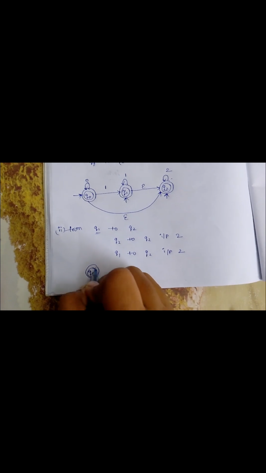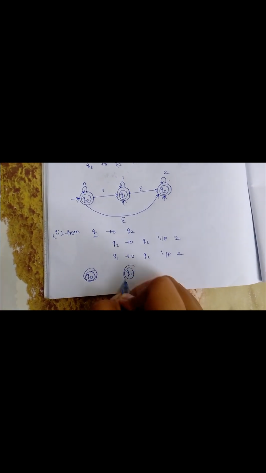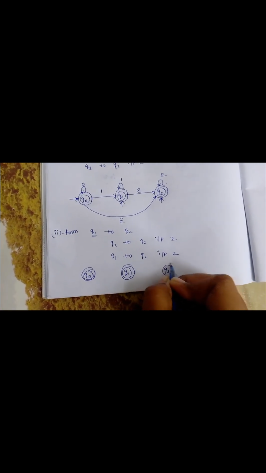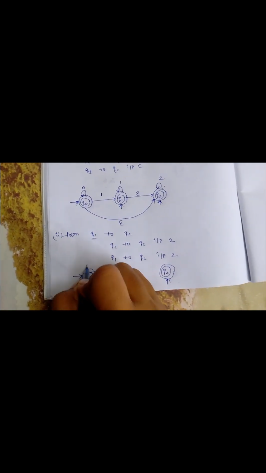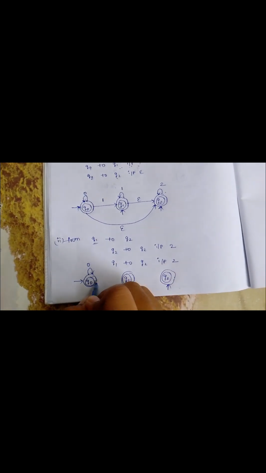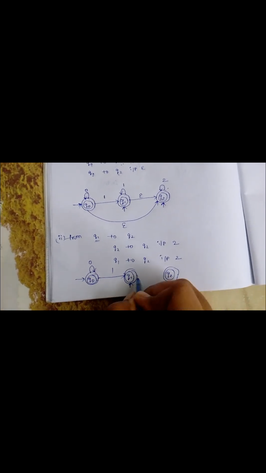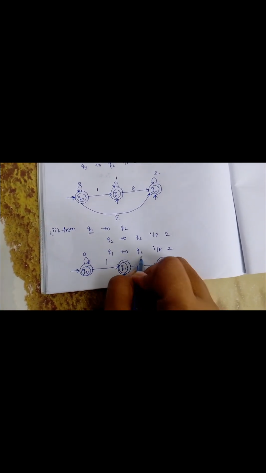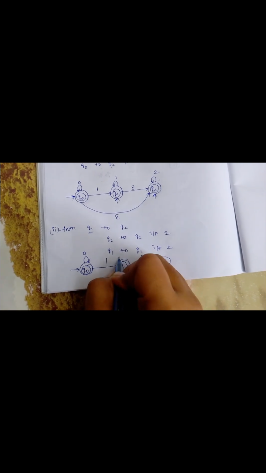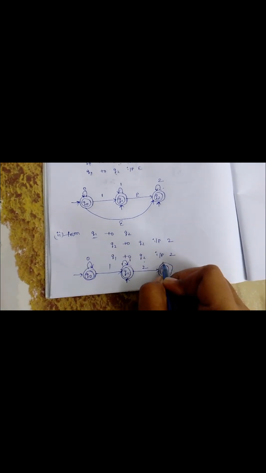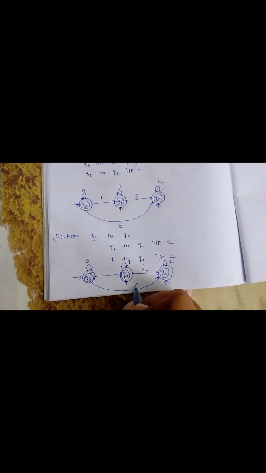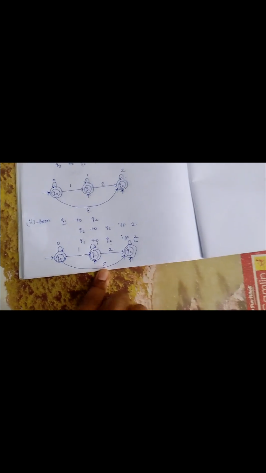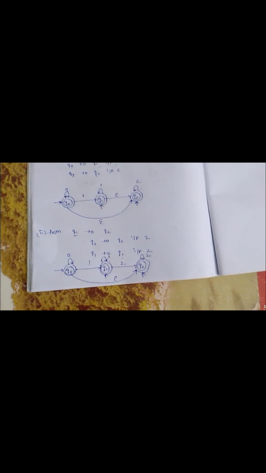Q0, Q1, Q2. So here Q1 to Q2 with input 2. So here one more null transition is there. What is it? Q0 to Q2.